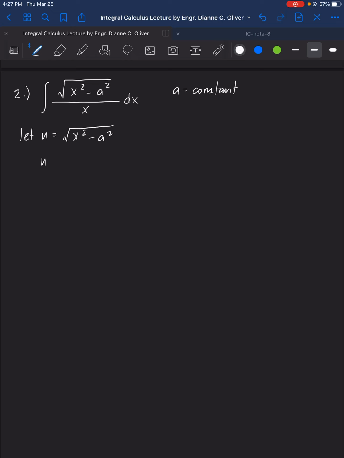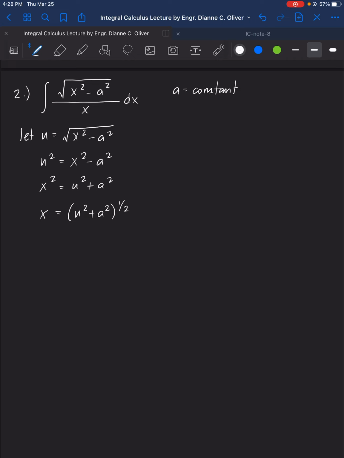So it becomes u squared equals x squared minus a squared. This is x squared equals u squared plus a squared. Then x is equal to u squared plus a squared raised to 1/2.